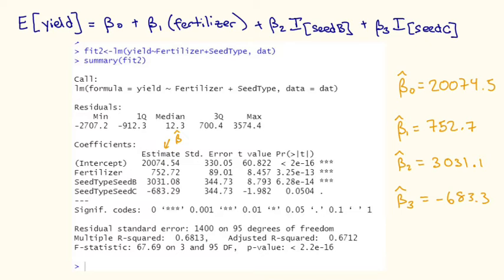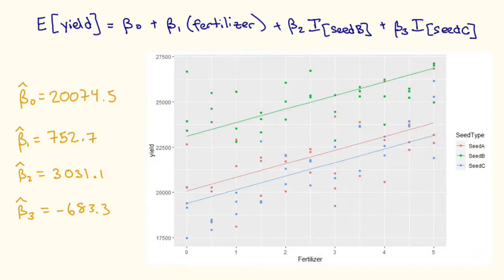So like seed type, and then it says seed B. So there are my coefficients, those are their estimators. So here is a plot of this and what it looks like. These are the estimated regression lines for this model. You can see that beta 3, the seed C effect, is negative. So seed C is actually lower than my baseline seed, seed A.